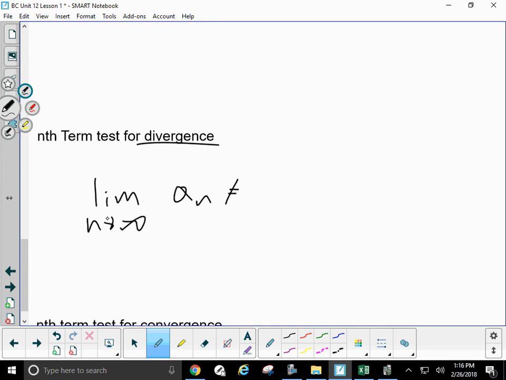If the limit as n approaches infinity of a sub n does not equal 0, then the sum of a sub n diverges. Okay? If your terms do not go to 0, we know we're adding stuff every single time, and we're not going to converge.